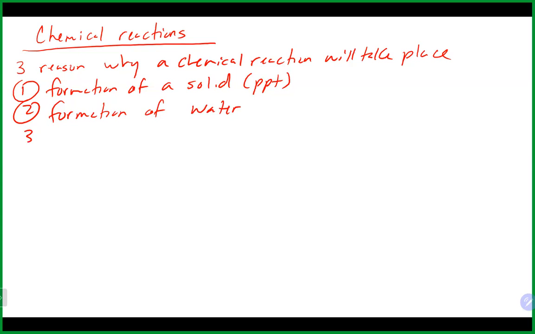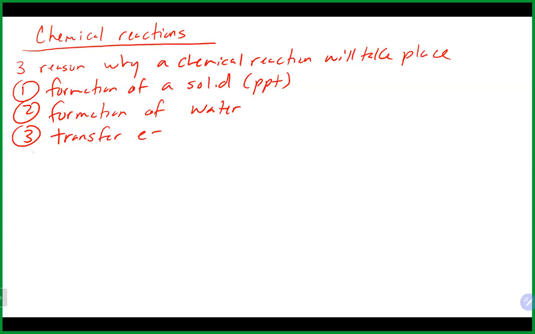And the third reason why a reaction takes place is a transfer of electrons. No matter what reaction you're looking at, you can pretty much know that one of these 3 things is happening. Either you made a solid, you made water, or there were some electrons being transferred. Ultimately, that is what is going on in all reactions.